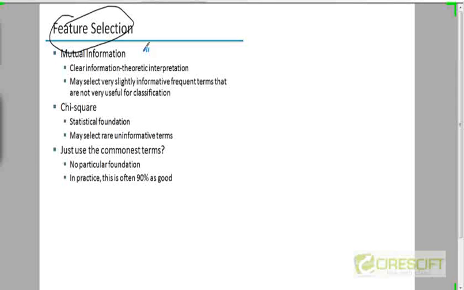So something similar can be done here. In order to make this more manageable, we can ignore the terms that are stop words. We can also ignore terms that occur just once, or which occur very rarely in the collection as a whole. So we can focus on terms that actually matter for the classification, and thereby we can cut down the size of the vocabulary by focusing only on a subset of terms that actually occur.